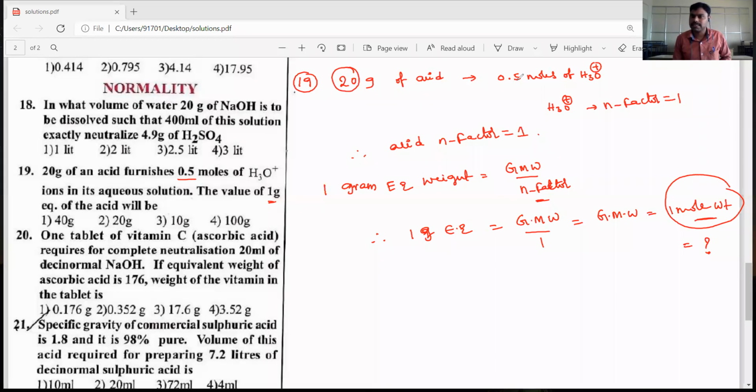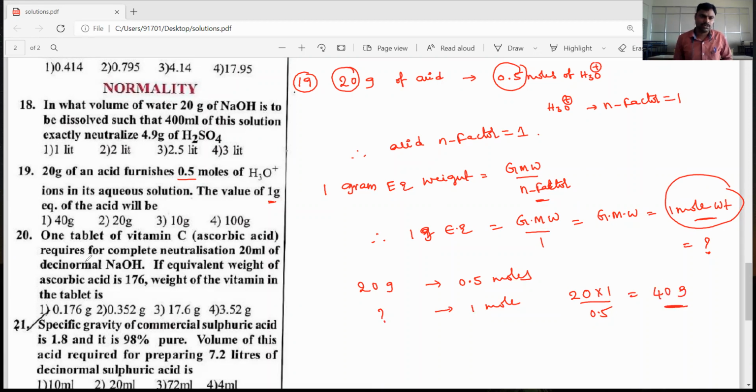20 grams of acid is producing 0.5 moles of H+, which means 20 grams is equal to 0.5 moles. Then how much weight is present for 1 mole? The 1 mole weight is equal to 40 grams, meaning 20 into 1 divided by 0.5 is nothing but 40 grams.